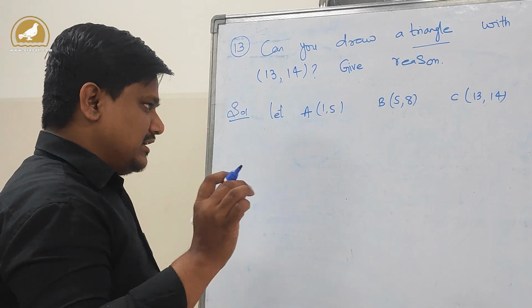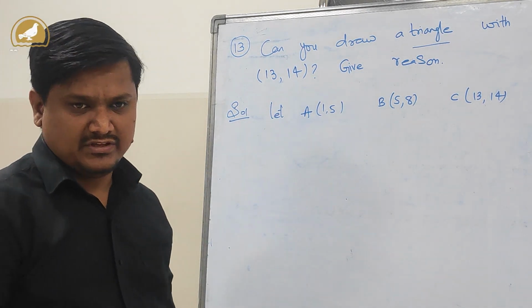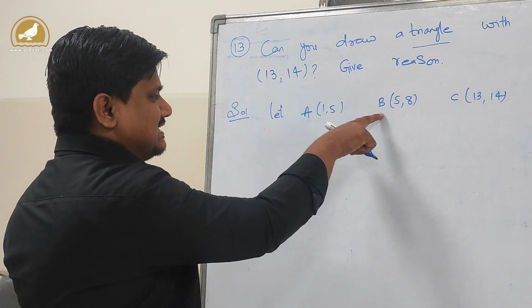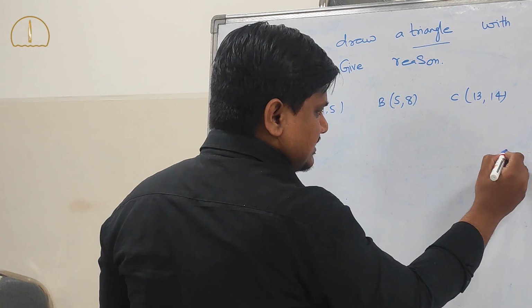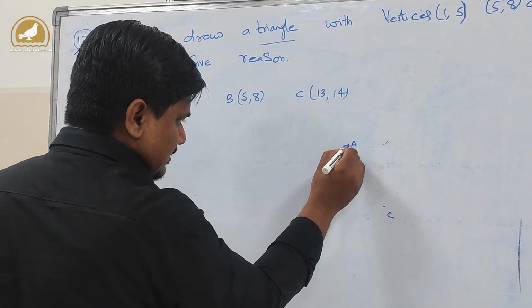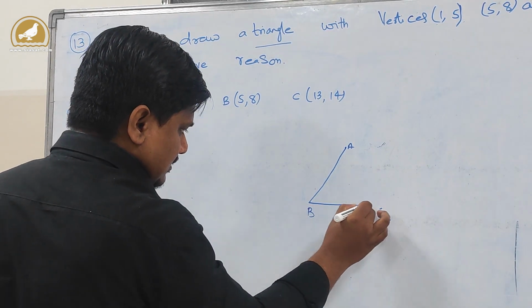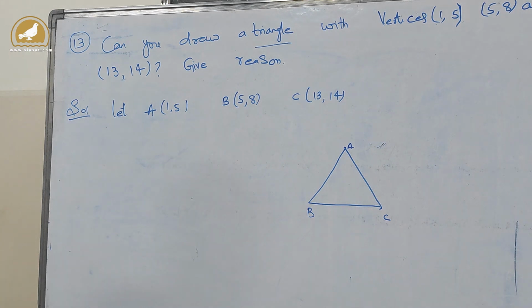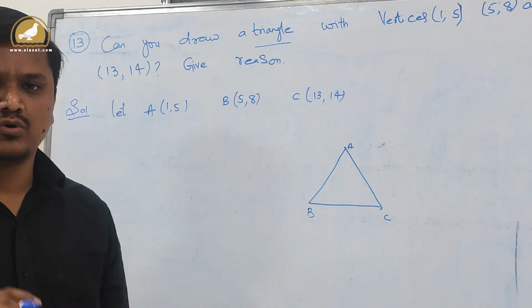In our introductory session of this series, I said that if any 3 points can form a triangle, then they must be non-collinear.